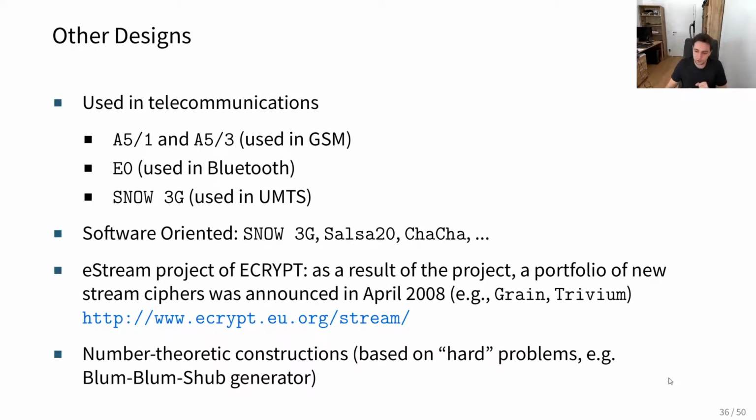And one of them was this Trivium we've talked about before, but also Grain, which is quite important, and there also exist different versions of Grain. And one part of Grain is actually an LFSR, so it's one component of Grain. And there are also some number theoretic constructions based on hard problems, which we don't talk about here now.